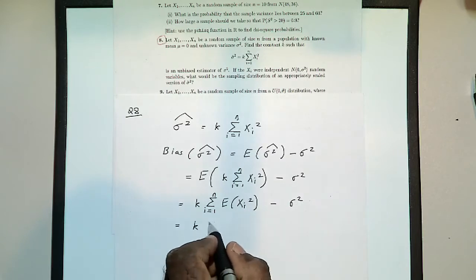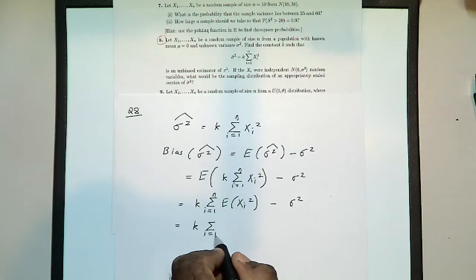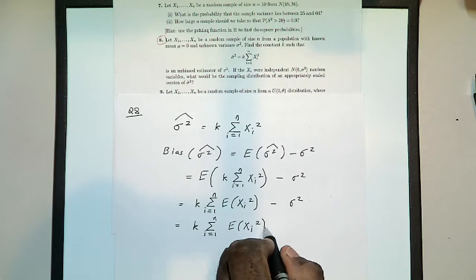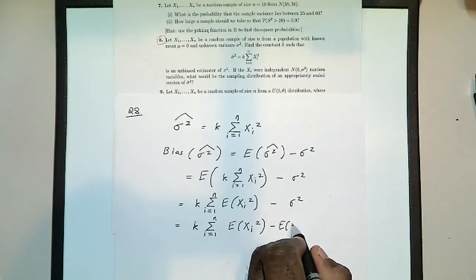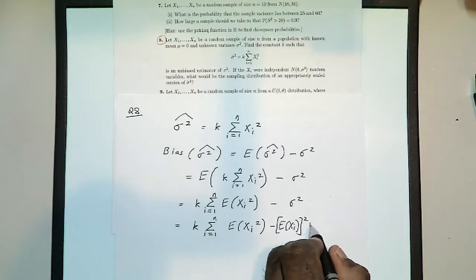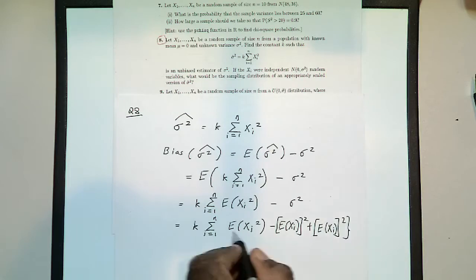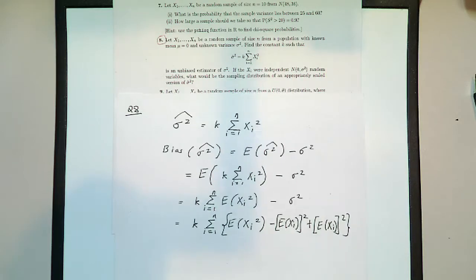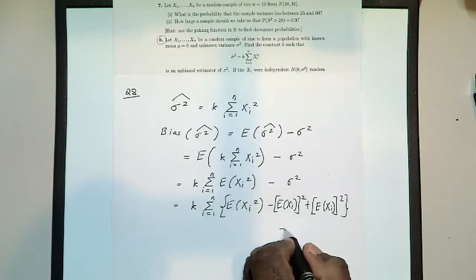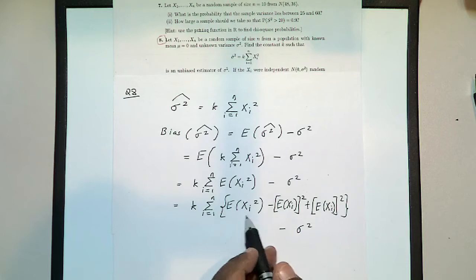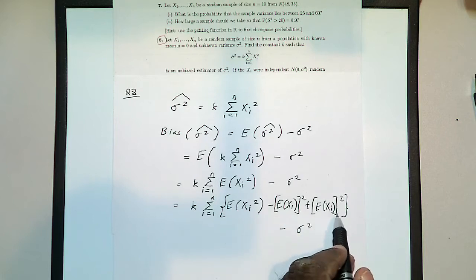I'm going to do a trick here. I'm going to write this as, see what I have written: expectation of xi squared as this minus this term plus this term.